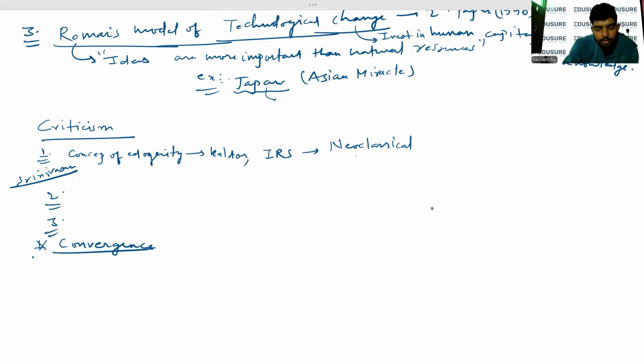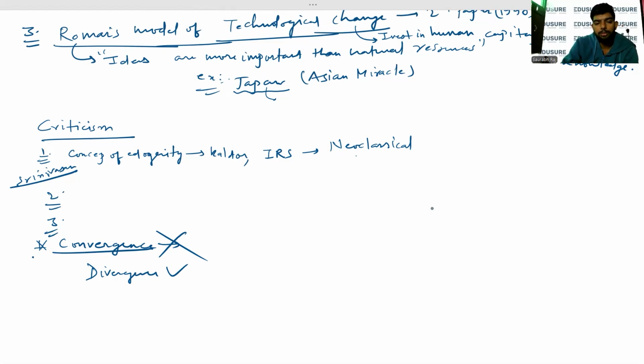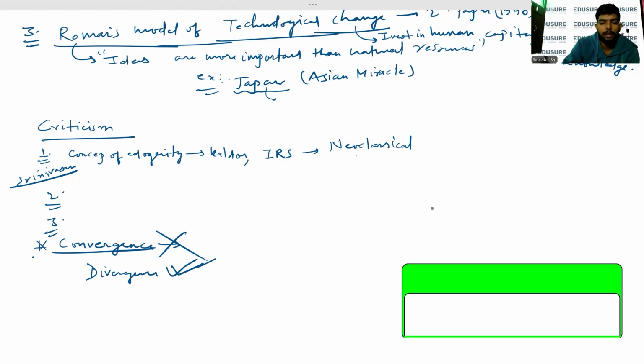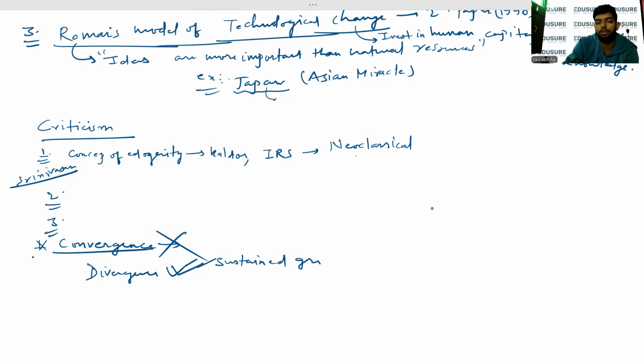But in the endogenous growth model, there is no convergence; there is divergence. The main reason is that there is no diminishing return. There are increasing returns. Increasing returns means that if technology is getting redundant, then new innovation will take over, and this will continue the process of growth. That's why there is sustained growth. There is no convergence concept, only sustained growth.